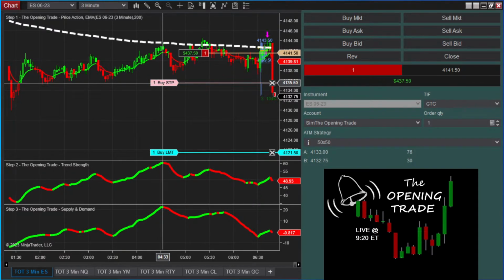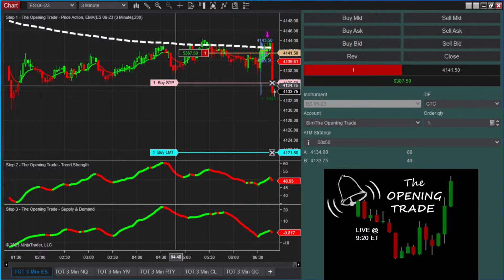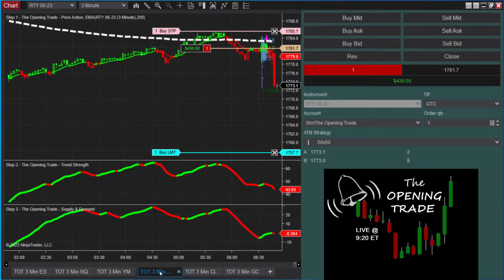I feel comfortable managing my stop loss very close to the market. That's just what I'm choosing to do today. If it gets stopped out, I'm okay with that. I still have an automated trade going in the Russell, and I want to do the same thing.